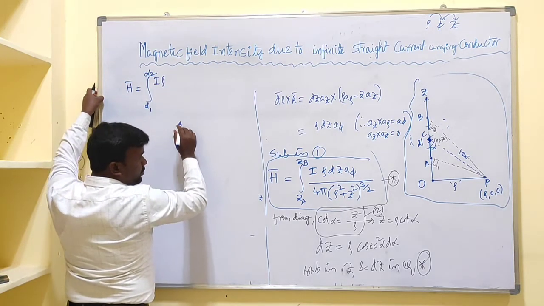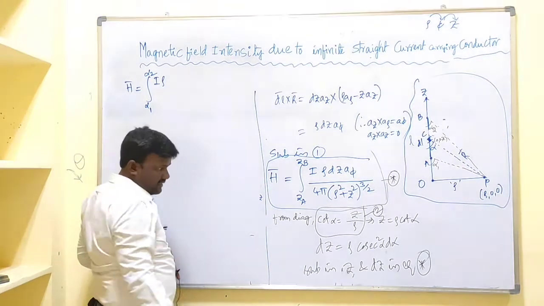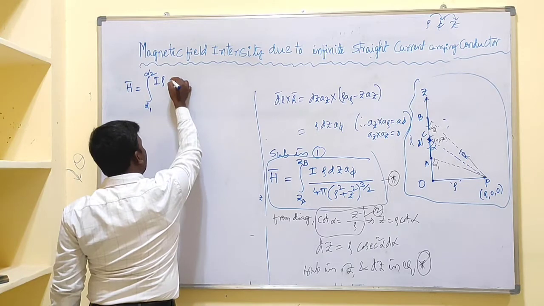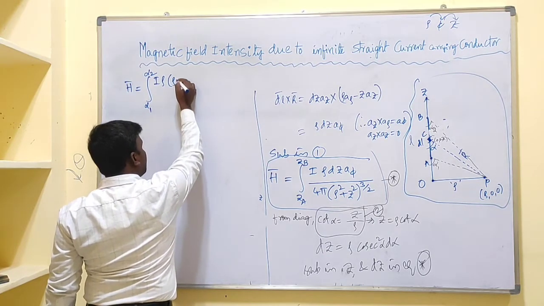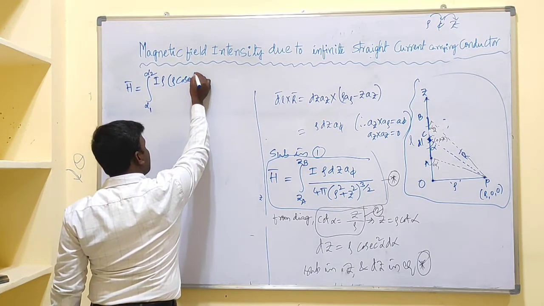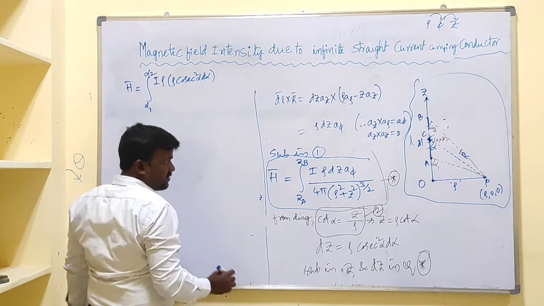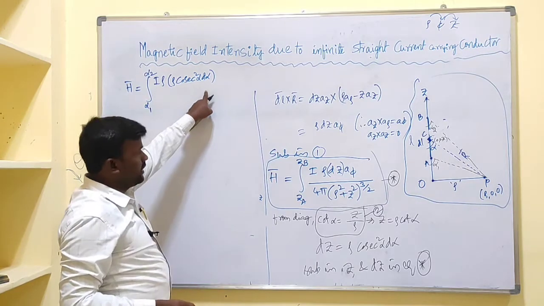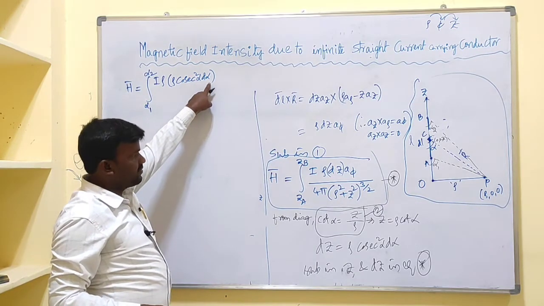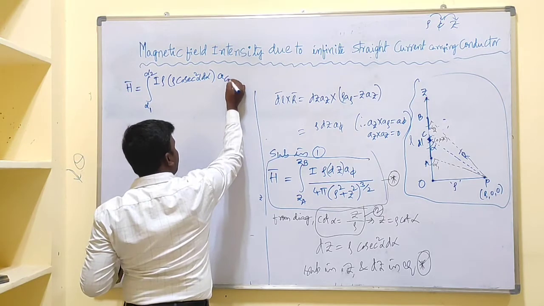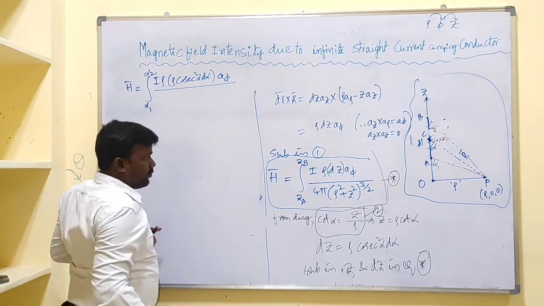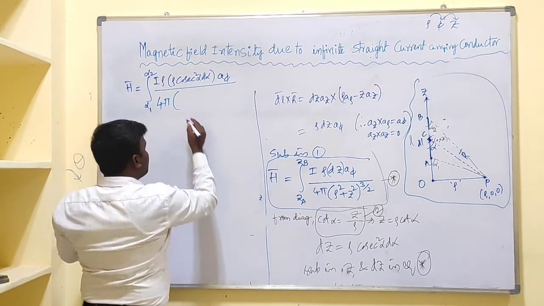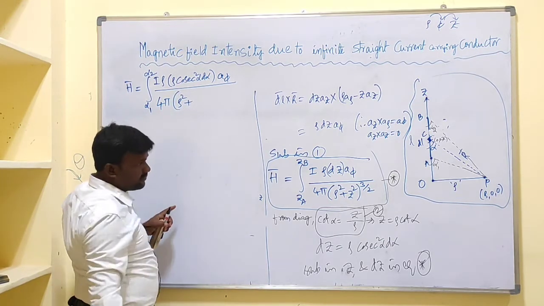I into rho dz, where dz can be written as rho cosecant square alpha d alpha, into a_phi by 4 pi into rho square plus z square.